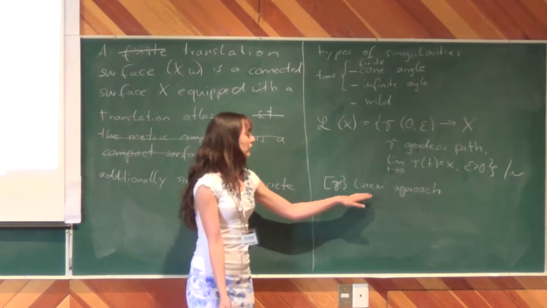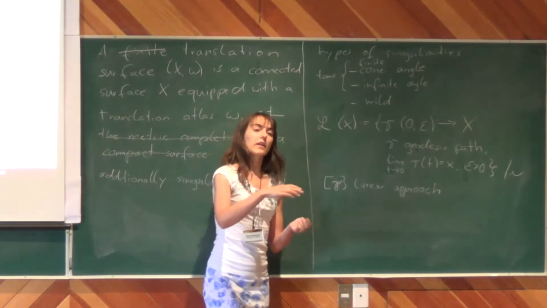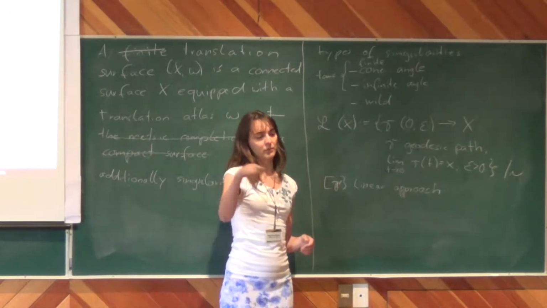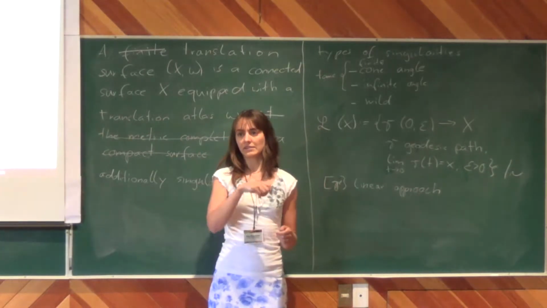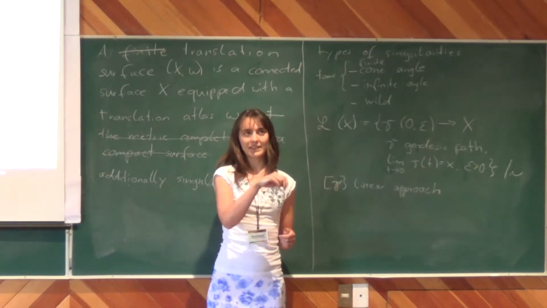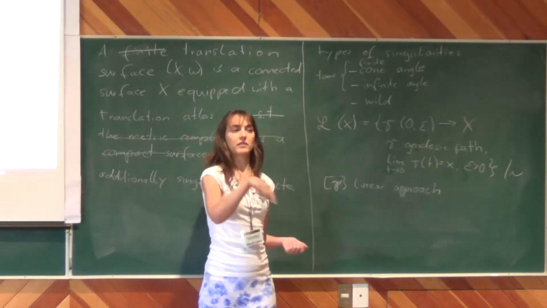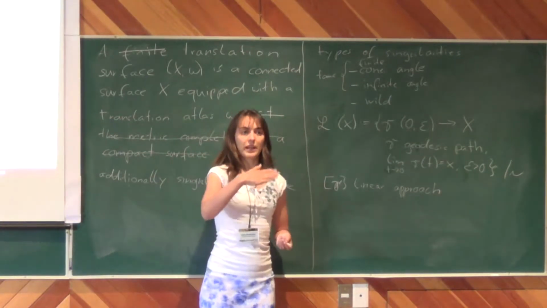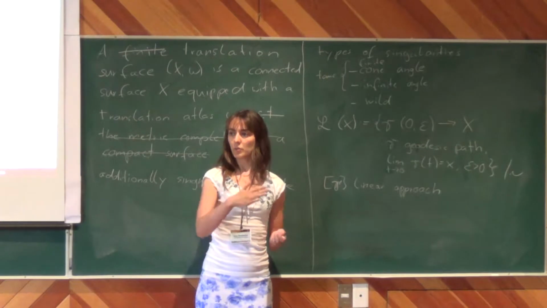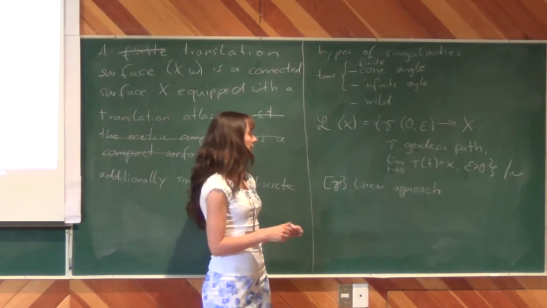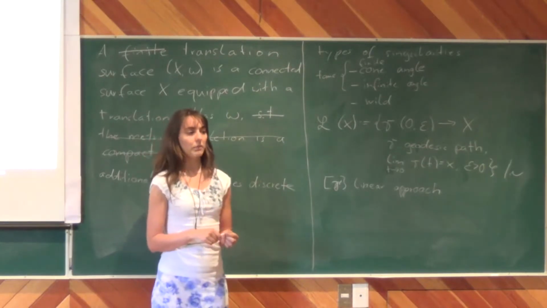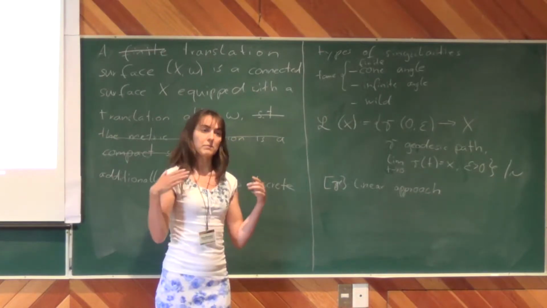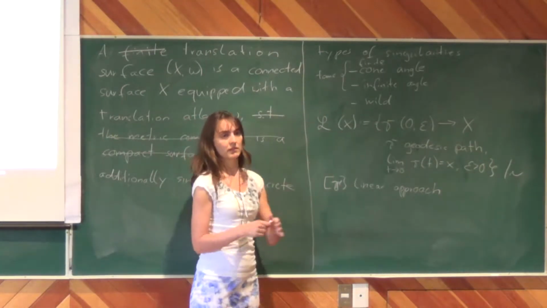And we want to look at these linear approaches and now look at one and rotate it a bit around, like we did before. If we draw a translation surface and we wanted to see which edges belong to one singularity, then we are going around the singularity, and this is what we do in this case. So we just rotate it, and if there's another linear approach we can reach in this way, then we call them equivalent. You can do this much more formally by taking just a segment of this infinite cyclic translation covering and embedding it so that we have this x where the 0 is.